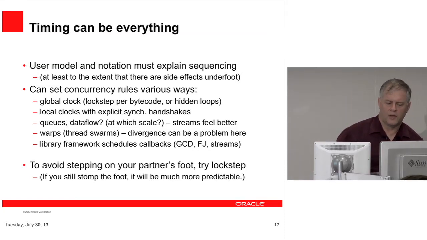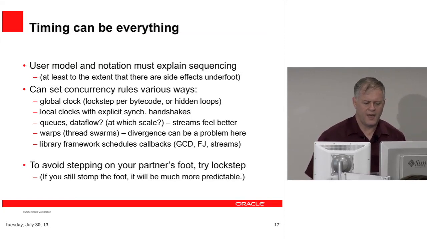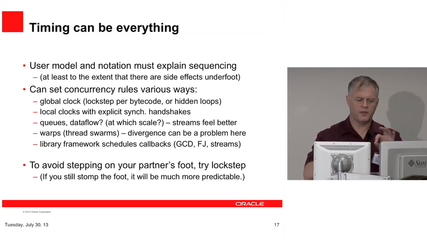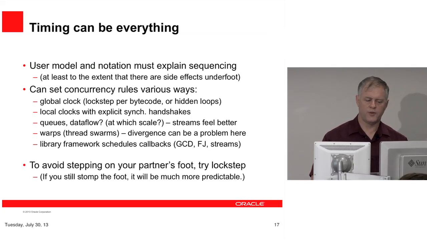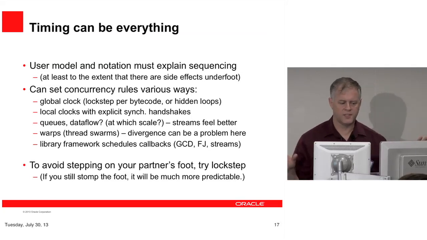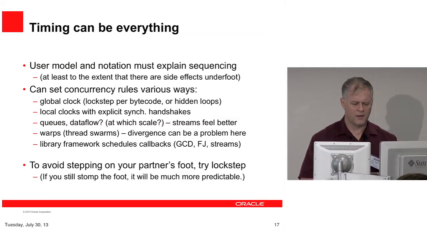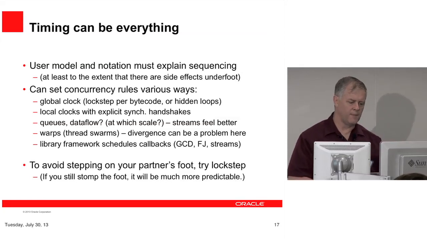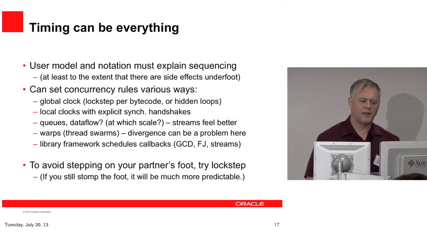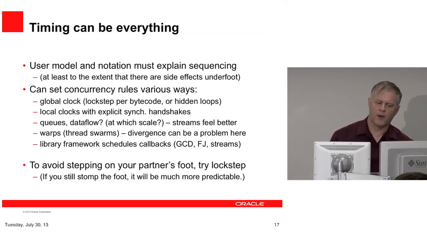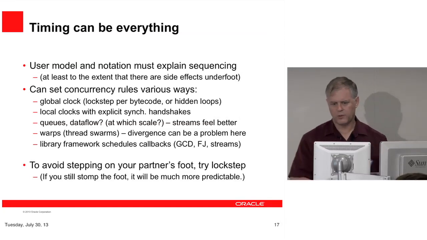You can have a lockstep, or you can have little handshakes between totally local clocks, or you can dispense with clocks altogether and have just sort of pure data flow with queues. This has been explored for a long time. I like the idea that's grown up in the GPU world of warps or thread swarms.